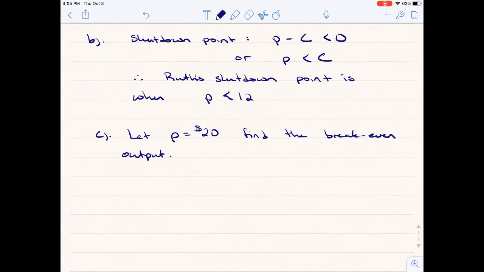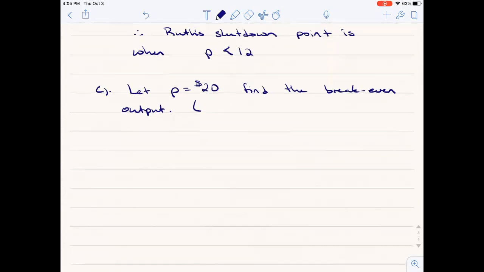What's that asking? The break-even is when the profit is 0 and we solve for X, right? So set profit of X equal to 0 and solve for X, right? That X is the break-even output.